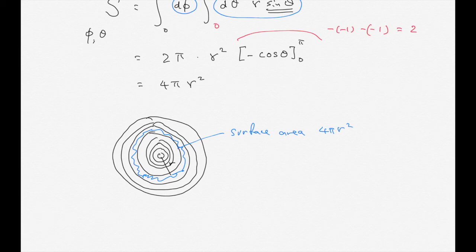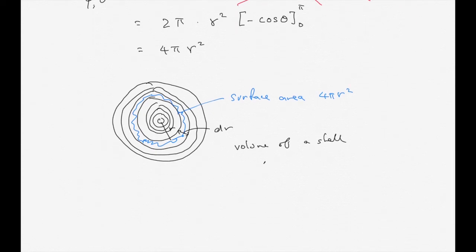If we consider the thickness of the shell is dr, the volume of a spherical shell is given by 4 pi r squared dr, area times height.